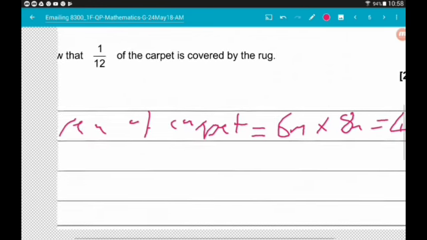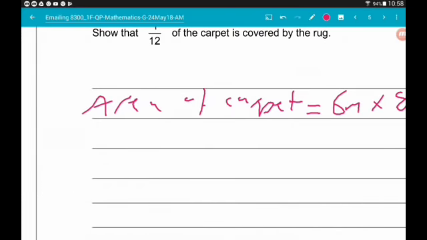The area of the rug is, well, it's a square, remember, so it's going to be 2 meters times 2 meters.